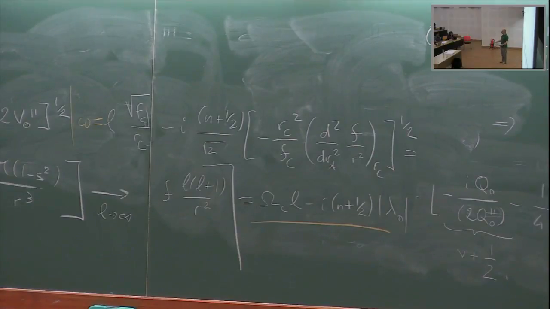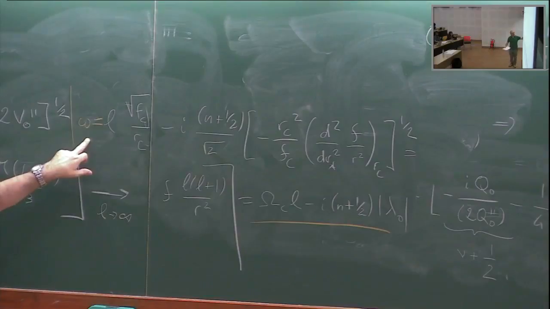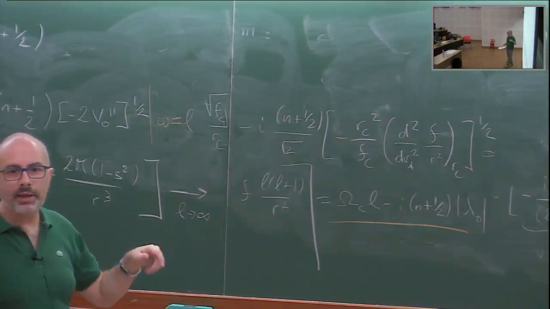And this is the leading order behavior for large L, but it happens to work surprisingly well also for low Ls. So for example, there is a notebook in the Dropbox directory where I take this expression here and I include higher order corrections.